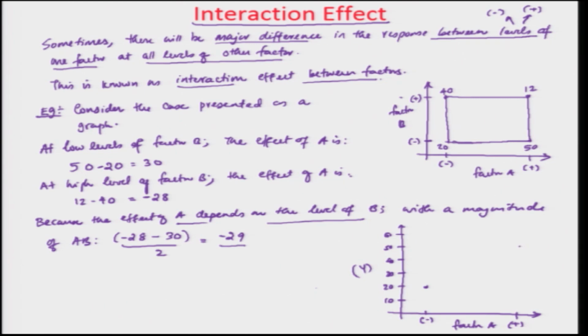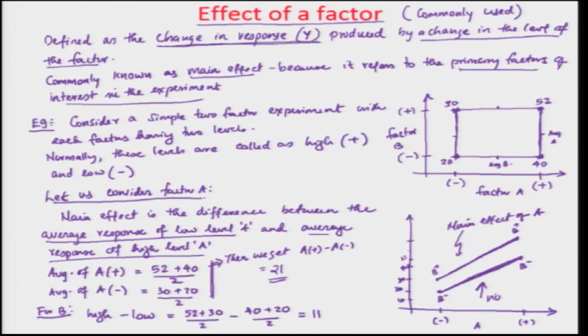So, this is low B, this is how it is behaving. Now, for the high value of B, the first one is at 40. This is B plus, and the second one is 12, so it is somewhere here. This is also for the high values of B. So, this effect is what we call the AB interaction. In the previous case, you can see that there is no interaction.